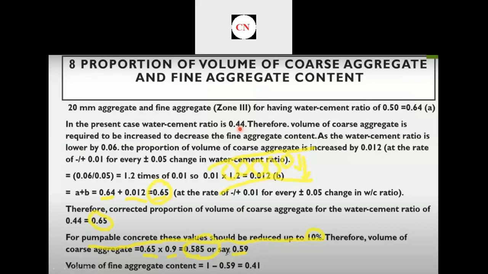Now we can calculate the fine aggregate content: 1 minus 0.59, which is 0.41. So 0.59 is the coarse aggregate fraction and 0.41 is the fine aggregate fraction. Remember that.